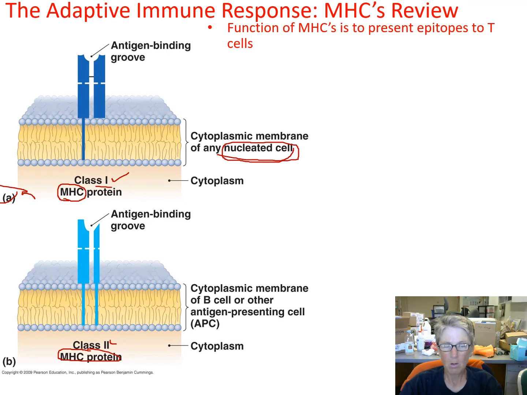If you are an antigen-presenting cell, you will have this class 2 MHC protein in your cell membrane. However, B cells, macrophages, dendritic cells, they are also nucleated cells. That means they have a nucleus. So, antigen-presenting cells have both class 2 MHC proteins, and they also have class 1 MHC proteins.